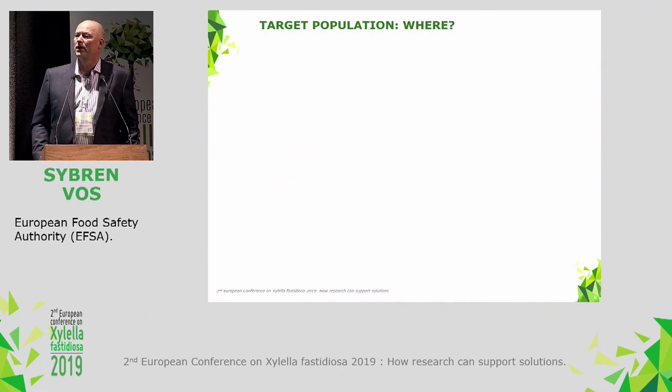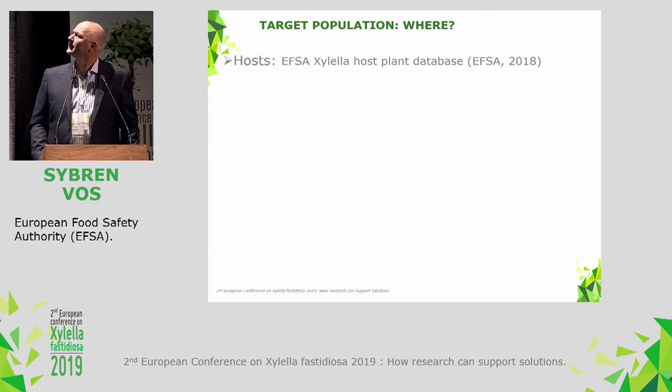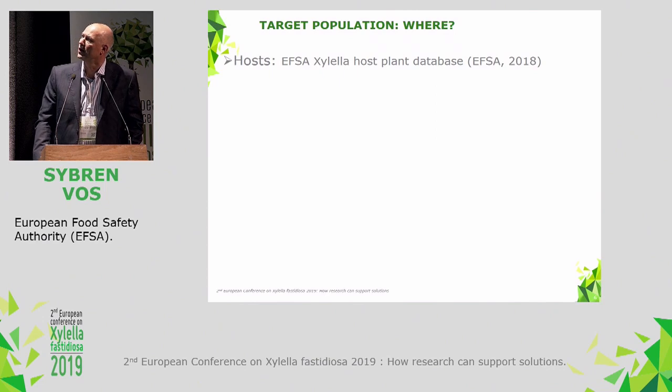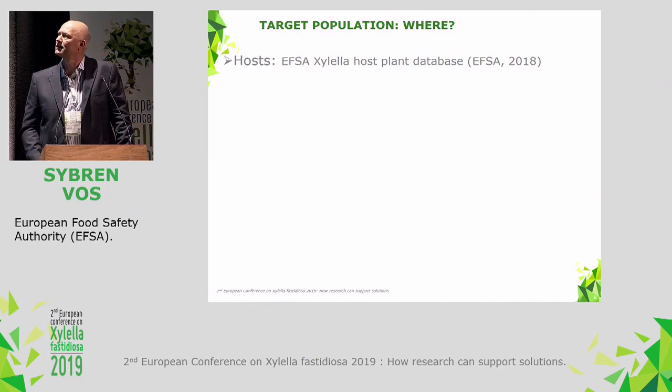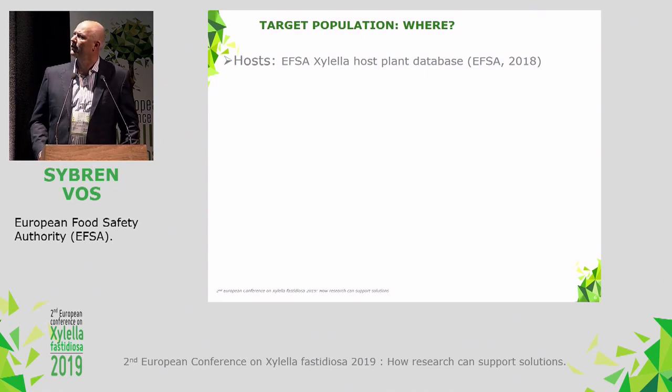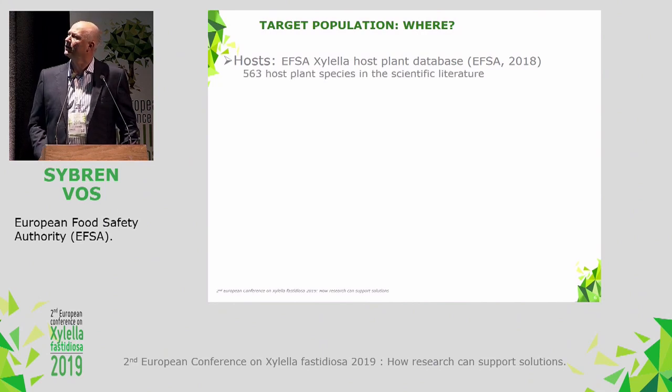So the target population: what are the hosts that we want to target with our surveillance? Here it is a very complex exercise. It's a very polyphagous bacterium, as was already mentioned throughout this conference. And we have a good inventory of the host plants in our EFSA database.